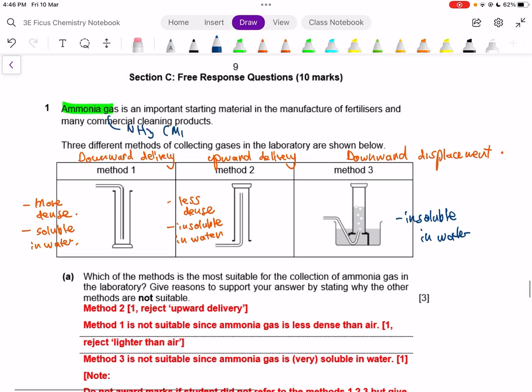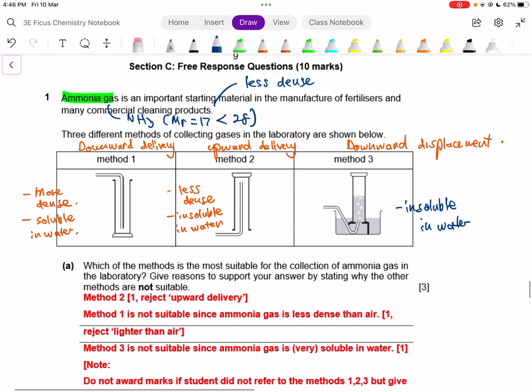So calculate the Mr, it is actually 17, which is less than 28. Okay, so less dense. So you look for one that's less dense and furthermore it's also soluble in water.